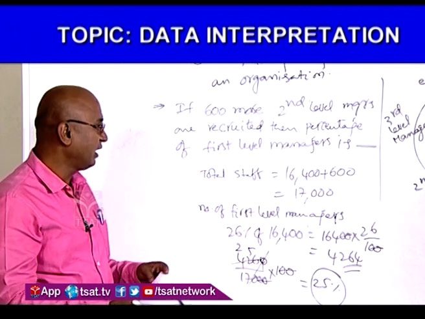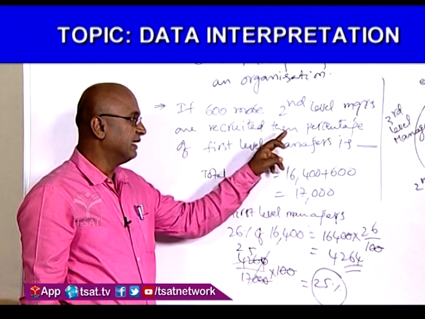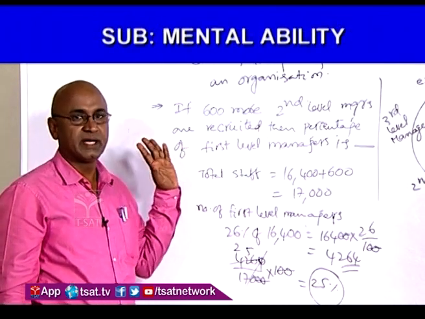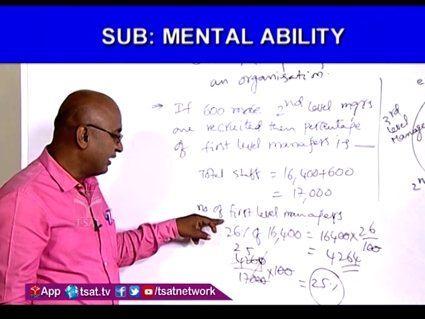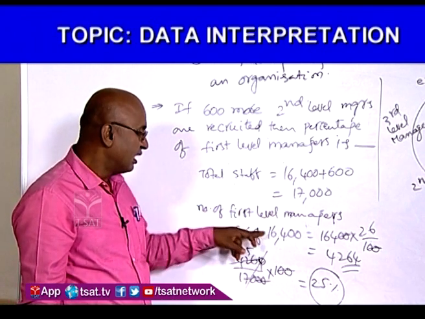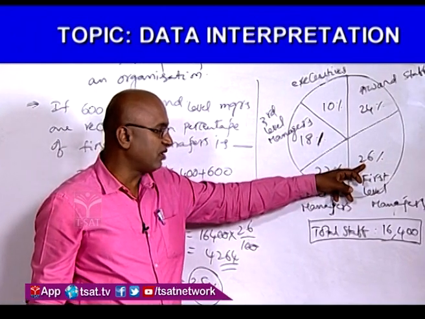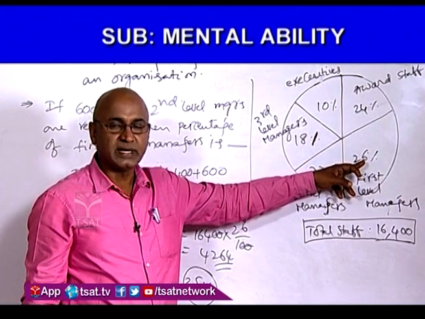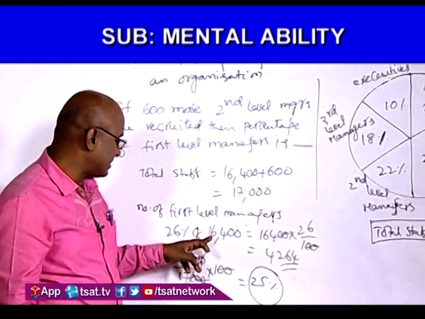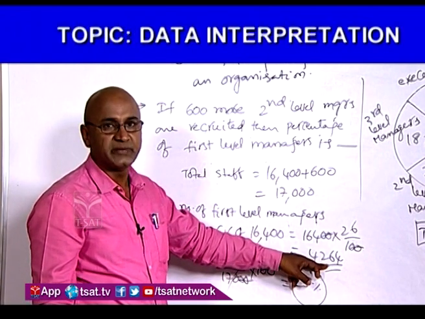Now we will see the problem again. If 600 more second level managers are recruited, then the percentage of first level managers is how much percent? First of all, we must find out the number of first level managers. The total staff is 16,400 and the percentage of the first level managers is 26%. So 26% of 16,400 is equal to 4,264.